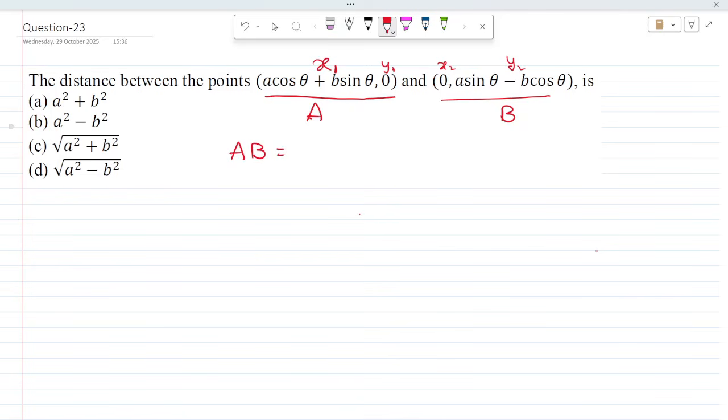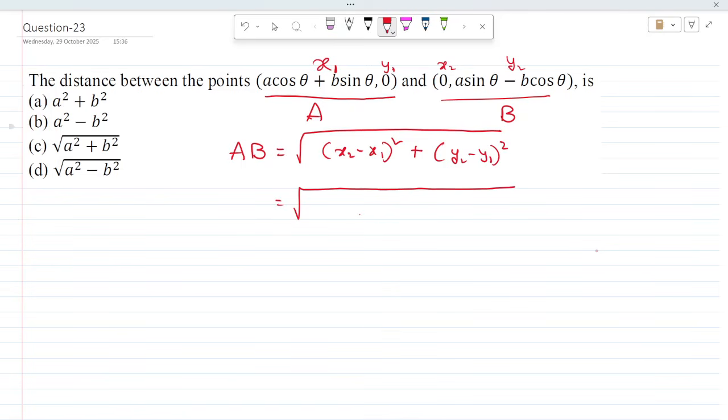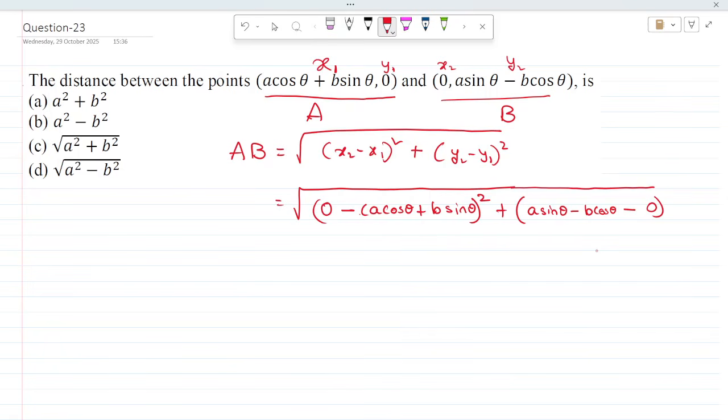AB is equal to square root of x2 minus x1 whole square plus y2 minus y1 whole square, which is equal to square root of, what is x2? 0 minus, what is x1? A cos theta plus b sin theta the whole square plus, what is y2? A sin theta minus b cos theta minus, what is y1? 0 whole square.